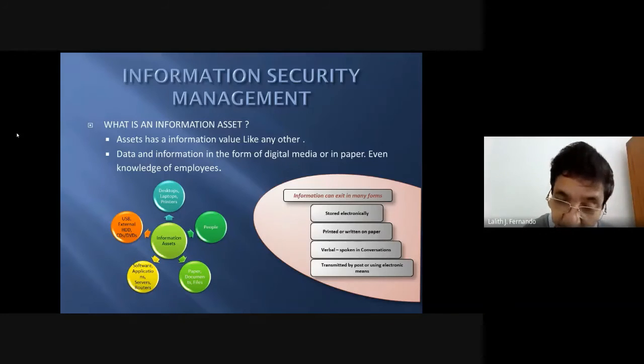It's a national organization with regard to information security measures. We call it CERT. I think some of the banks are getting membership of that organization.